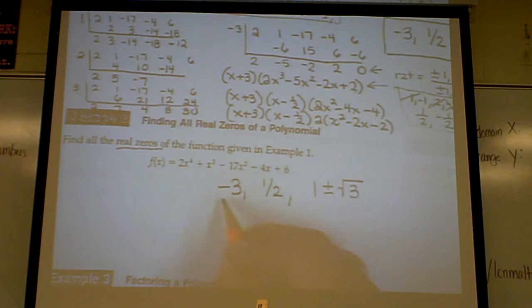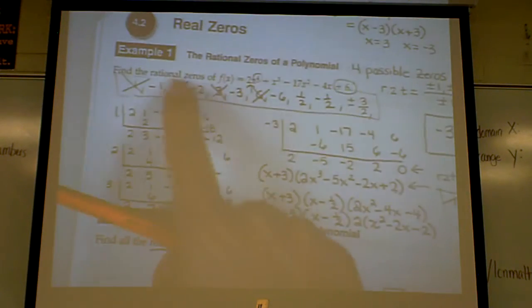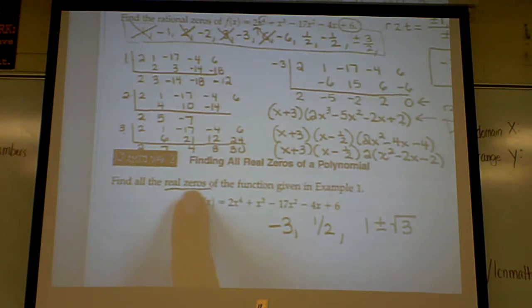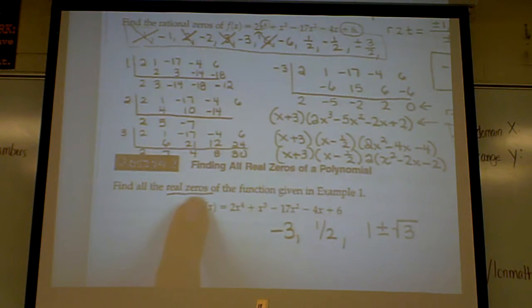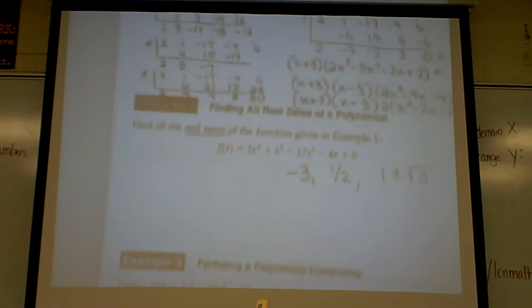There's 4 zeros here. There's up to 4 zeros. It's just a matter of, do they want the rational zeros or do they want the real zeros? These are 2 different answers. Does everyone understand this?